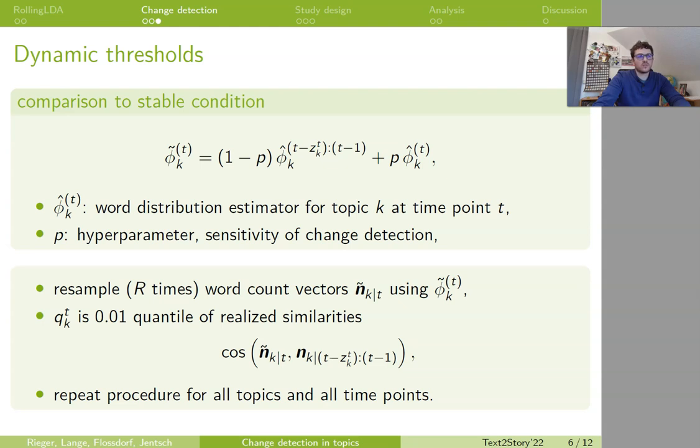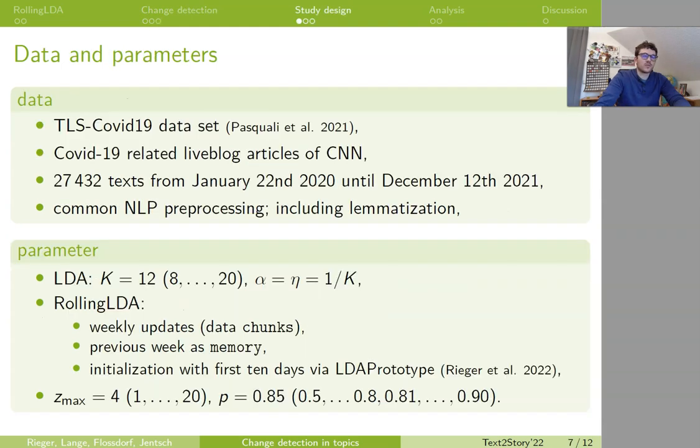And this procedure needs to be repeated for all topics and time points. This is all about the mathematics, so there will be no more formulas from now on. Instead, I will briefly explain which data we used and how we set the parameters to present exemplary the results of our method in an analysis section.